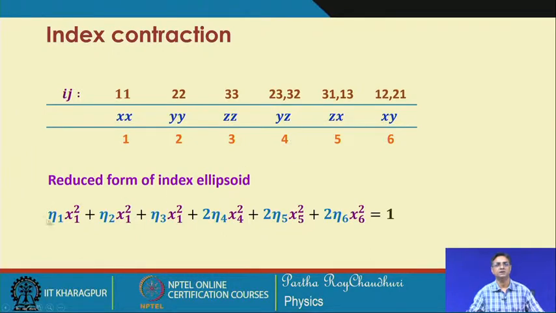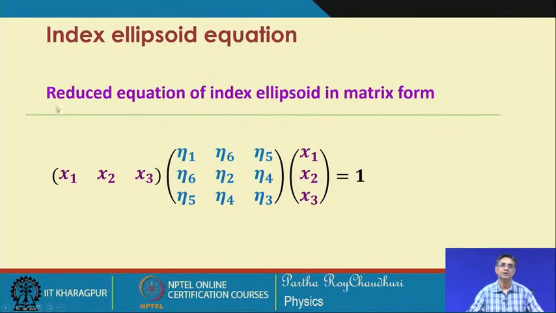Using this, we can write this equation in the index ellipsoid form, in the compact form, with the contracted index eta_1 x_1, eta_2 x_3, and so on, equal to 1. So, this reduced equation now takes this form, because we are using x_1, x_2, x_3 in place of x y z, and it becomes eta_1, eta_2, eta_3, which is very straightforward and very simple algebra to understand.